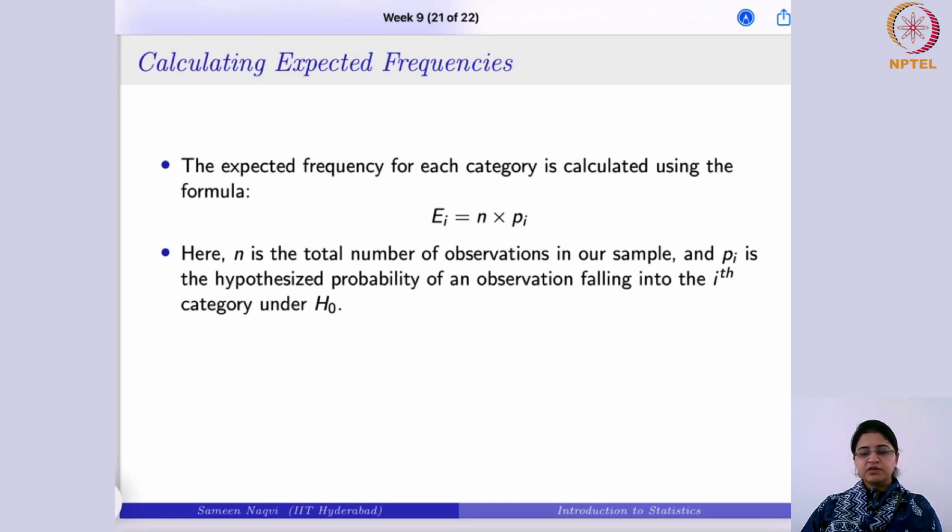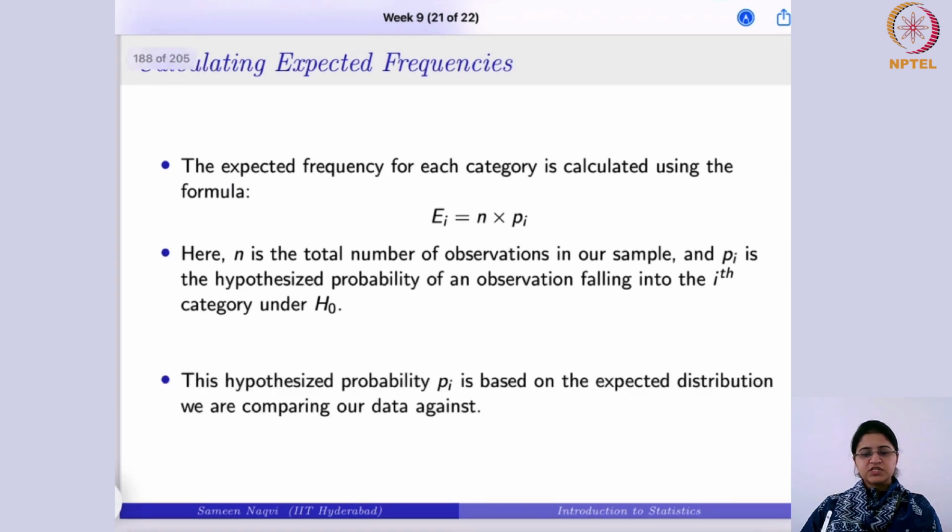Because for each category we would expect to have the same proportion if you are not preferring any particular category in the null hypothesis. So this hypothesized probability is based on the expected distribution. We are comparing our data against that.